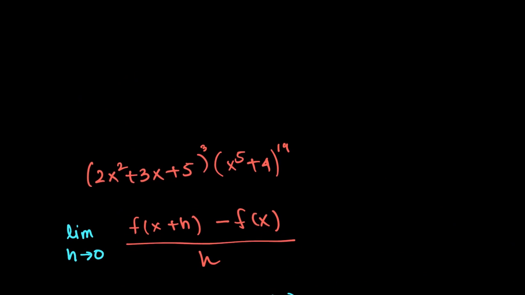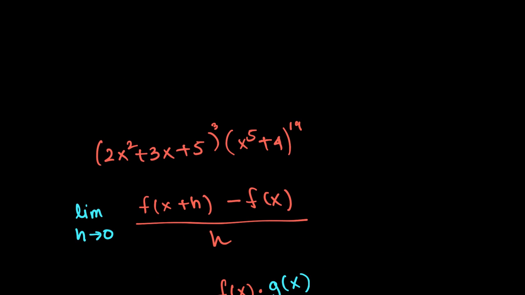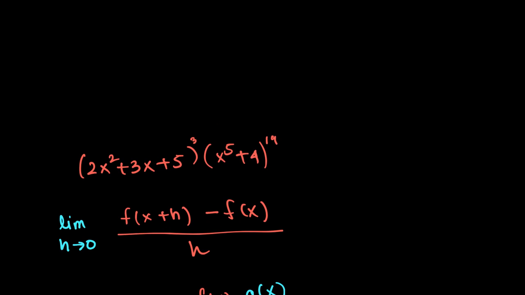If we want to differentiate f of x, then the derivative would be given by this limit. And if we see something in this pattern, for example f of x plus h minus f of x divided by h, it simply implies that this is the derivative of f of x. But if something was in the form g of x plus h minus g of x divided by h, then this is the derivative of g of x.